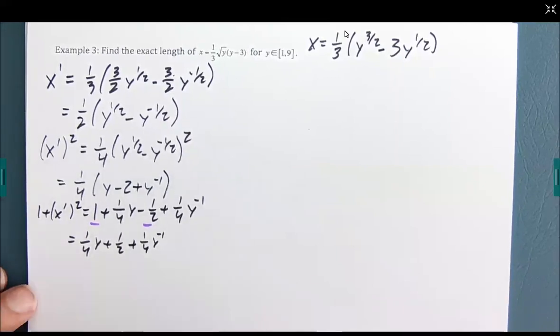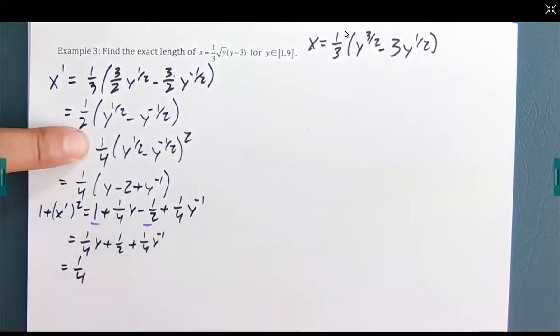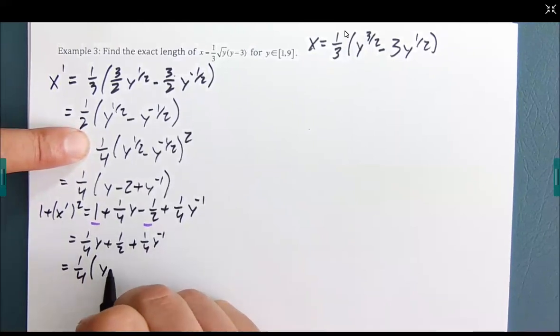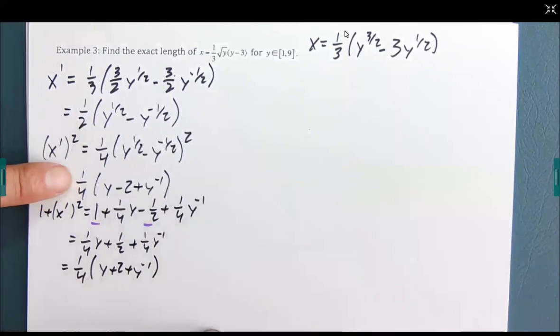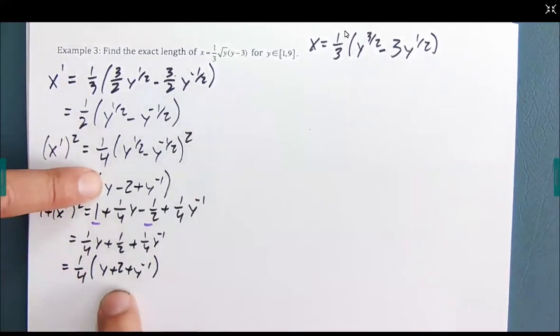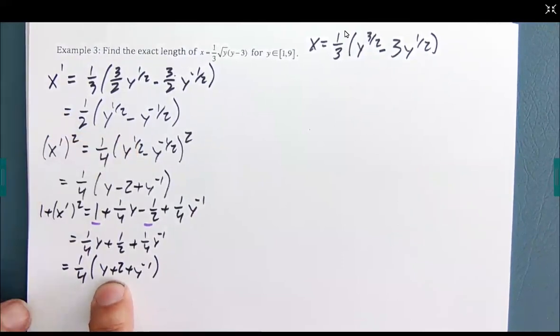And once again, I can factor out a 1/4, just so that it matches here. That's what I'm trying to do, actually. And you can see that is exactly the same as that, but I have a plus instead. So instead of minus there, it's going to be plus.